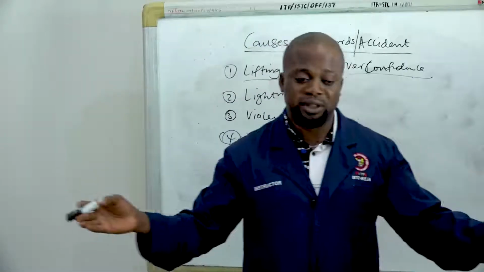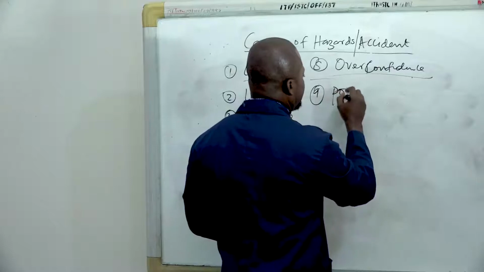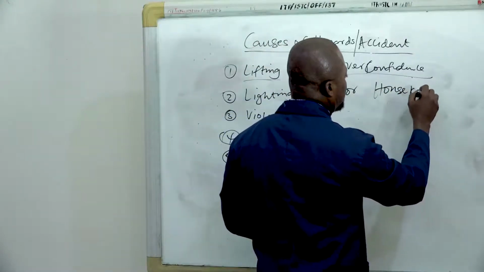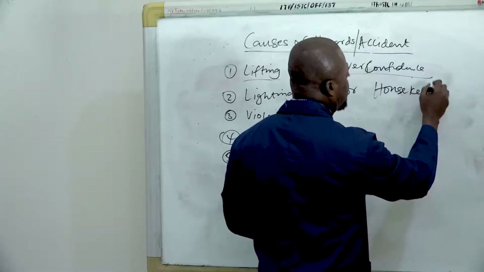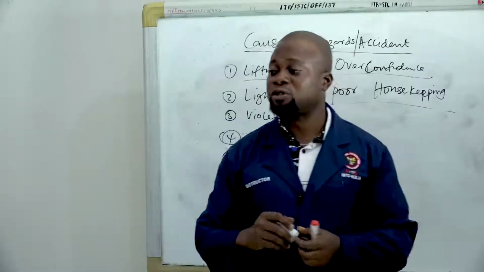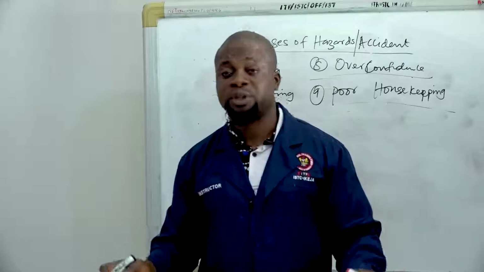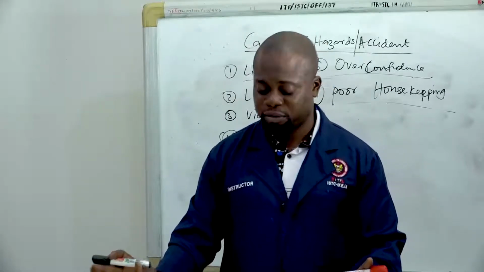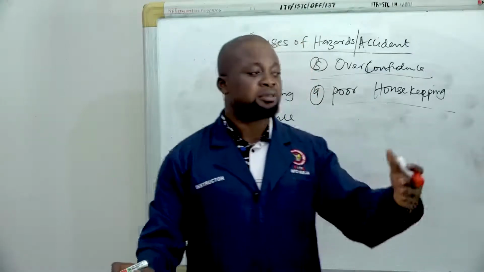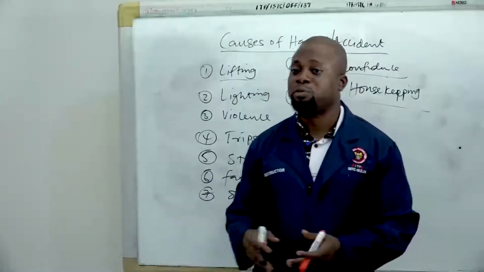Then we looked at what? Of course, which is basically poor housekeeping. You know what it means when we say poor housekeeping? Before and after the job is done, you must carry out proper housekeeping. So where there is no proper housekeeping, then we refer to it as poor housekeeping.